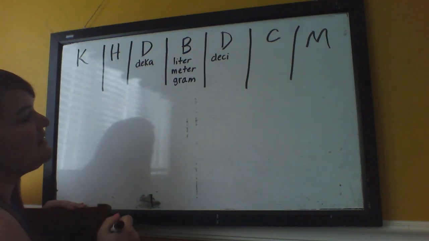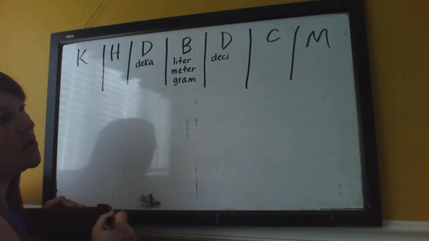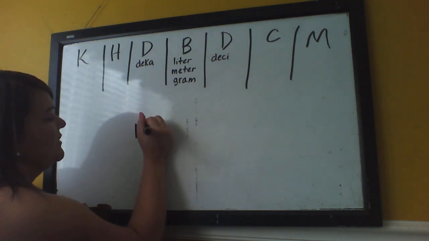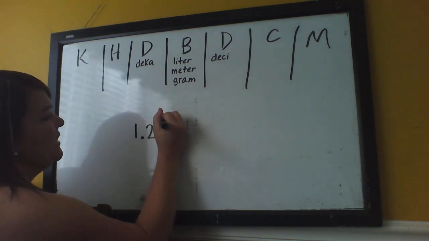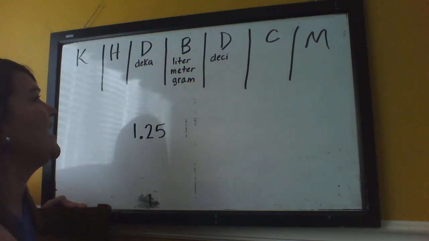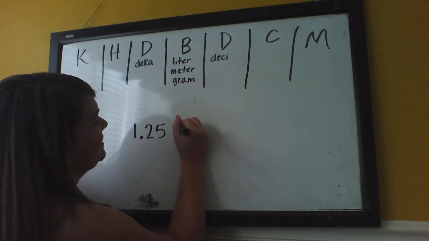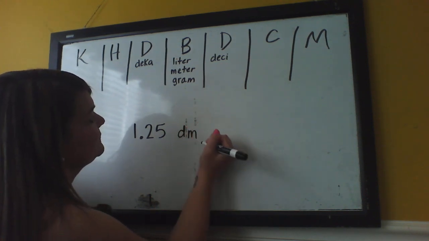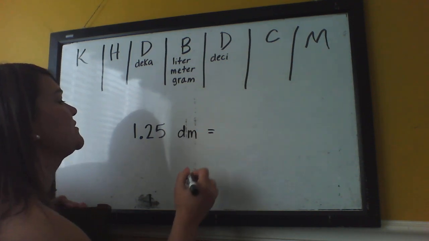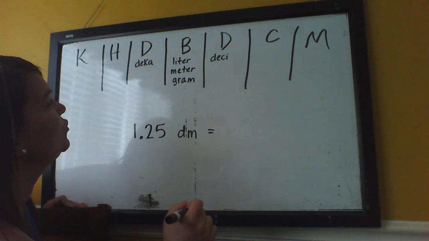Okay? Now I'm going to start with a number that already has a decimal in it. Let's say I had 1 and 25 hundredths, and that is, we're going to say decimeter. Okay? And I want to change those decimeters into, let's say, meters.